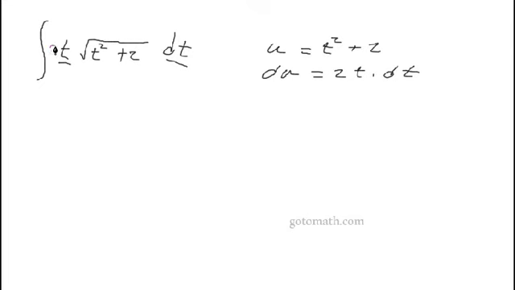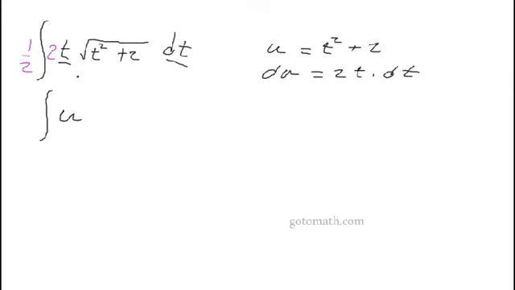So what we're going to do is we're going to force it in here. We're going to put a 2 here, but we must put a half outside. You see, because a half times 2 is just 1. So we really hadn't done anything. Now we're going to go through and do the substitution. We got the integral. So the 2t and the dt is going to get replaced with a du. But first let's write our u.